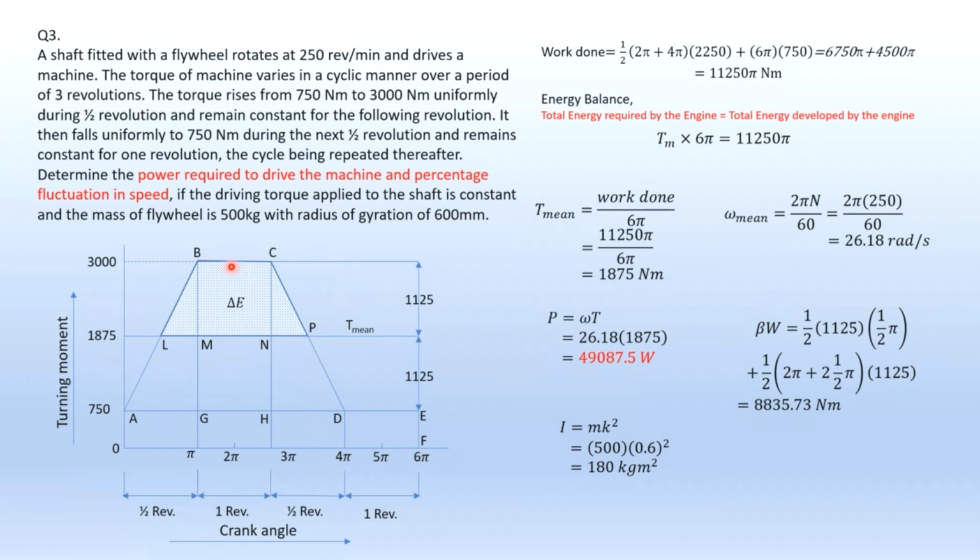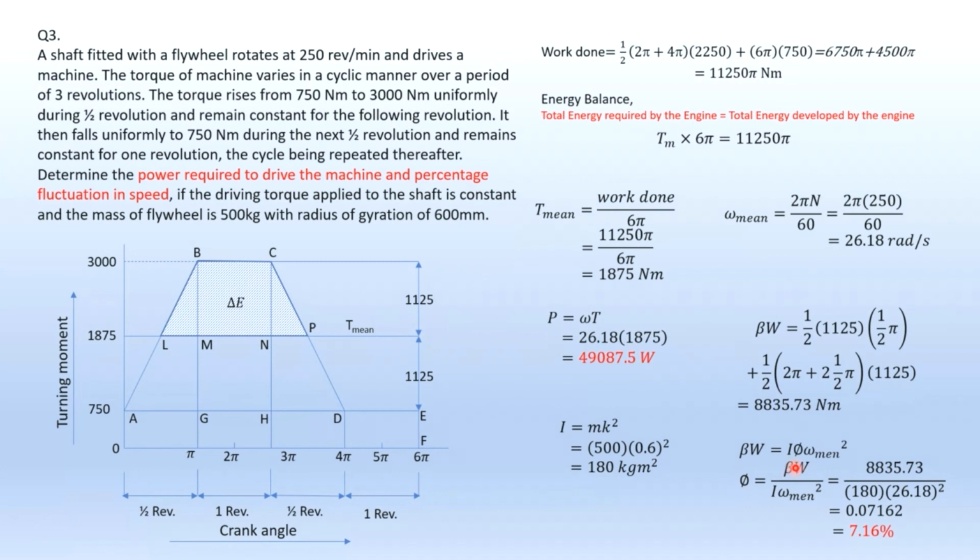Remember, I repeat, this would be the area of the trapezium, which you have half times this length here, plus this length, multiplied by this height. You should be getting 8835.73 without the pi, which is in Newton meter. Once you have found the beta W, the next thing is the question wants us to find the percentage fluctuation in speed, that would be phi.